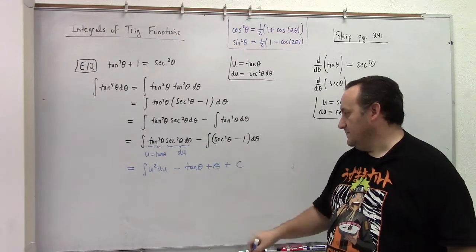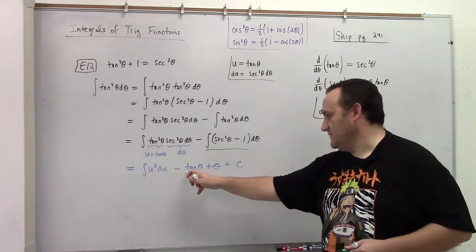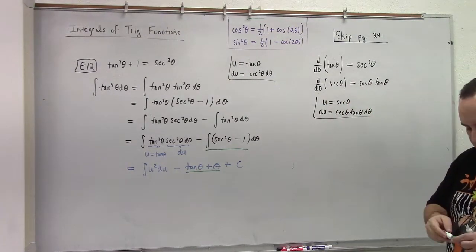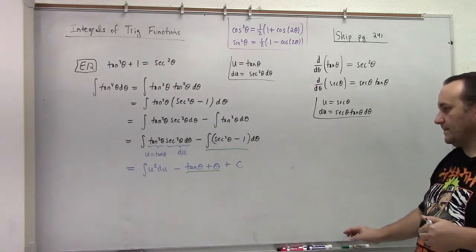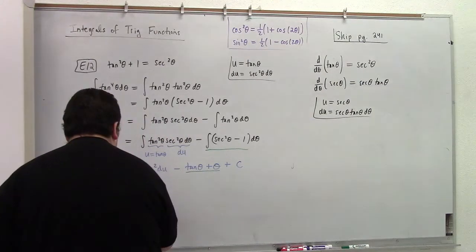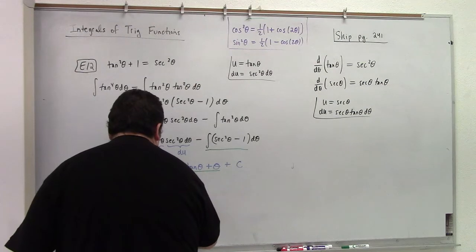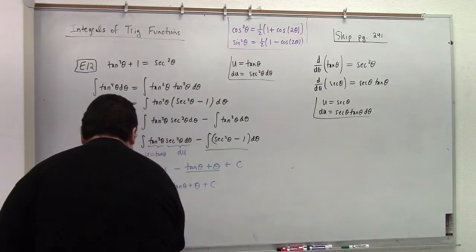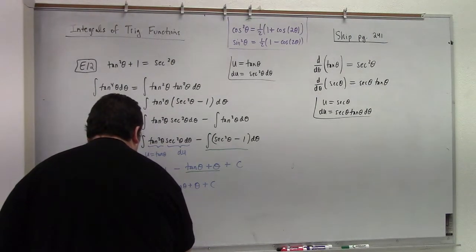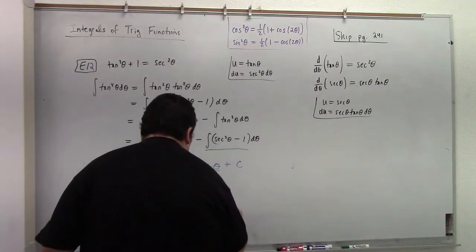So we picked u equal to tangent, and we got 1/3 u cubed minus tangent theta plus a constant. What was my u? Oh, tangent. So 1/3 tangent cubed theta minus tangent theta plus a constant.